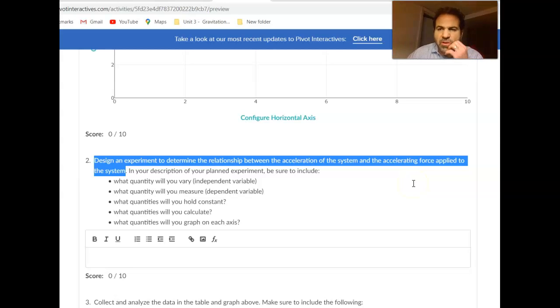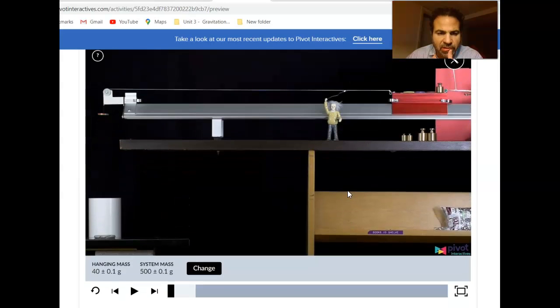When we model those forces on the Atwood's machine today, the only force that's accelerating the system is the gravitational force acting on the hanging mass.